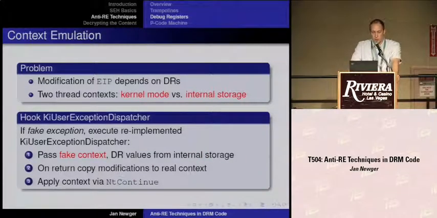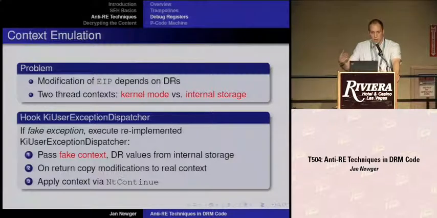We could, for example, hook KiUserExceptionDispatcher. If you recall, KiUserExceptionDispatcher is the first code being executed in user mode. So our re-implemented version would check if the current exception is a fake exception, that is, if it's of type single step. If that's the case, it would pass a fake context with the fake debug register values previously set by the thread context API to the handler.